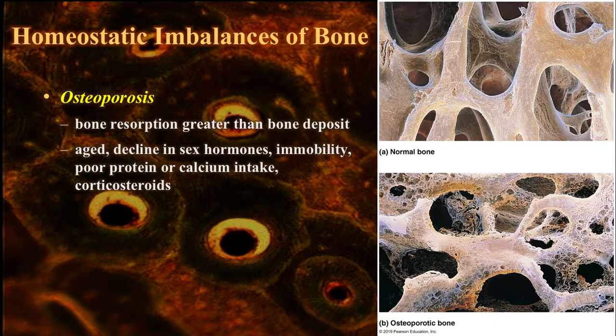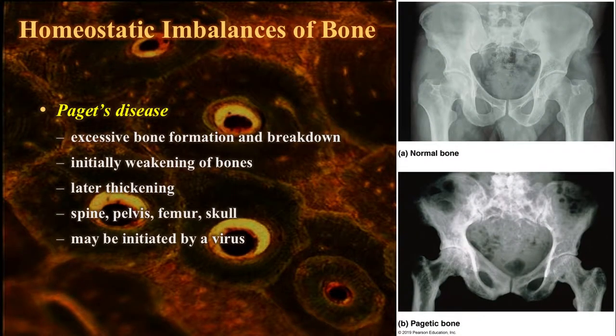Immobility. So that rebuilding process, the breaking down and building up, happens because of pressure that you put on your bones. Okay? It says, hey, I need to build some more over here instead of over here. So if you become immobile and you're not putting pressure and weight on your bones, that remodeling process slows down. Okay? Poor protein or calcium intake and corticosteroid use. So certain drugs can also lead to osteoporosis.